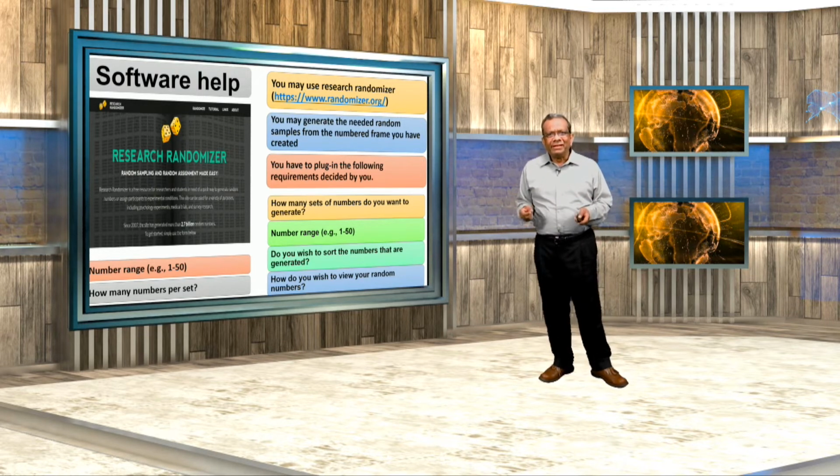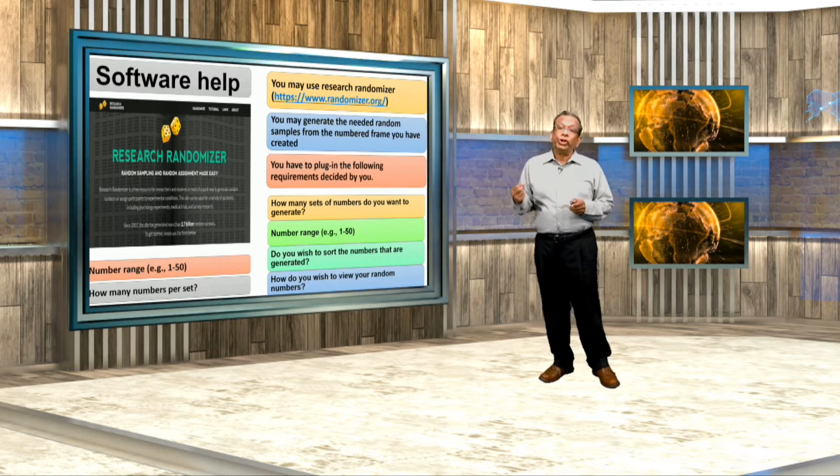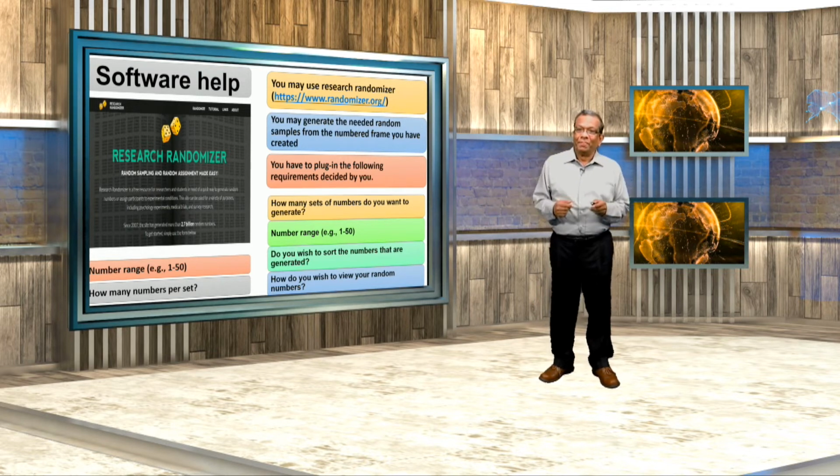You have to plug in the following required information, which is decided by you. How many sets of numbers do you want to generate? The first question it will ask. You may generate one set or you may generate two sets. It all depends upon you.